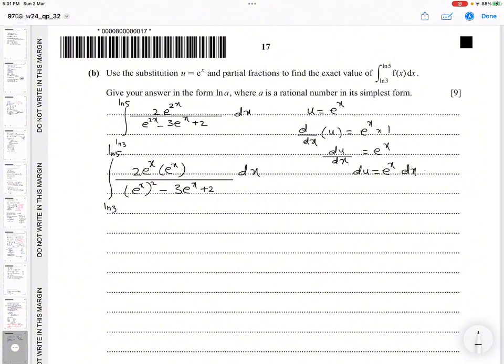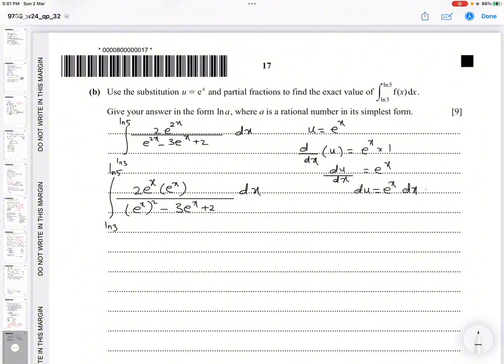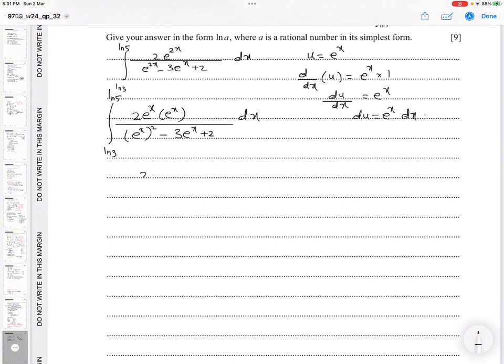This is my x equals ln 3. My u is equal to e power x.